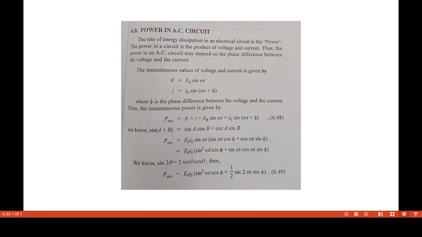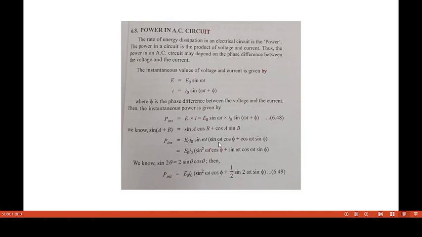Using the formula sine A plus B equals sine A cos B plus cos A sine B, we can expand this sine omega t plus phi term, and then this becomes E naught I naught sine omega t, and sine omega t plus phi is expanded as sine omega t cos phi plus cos omega t sine phi.